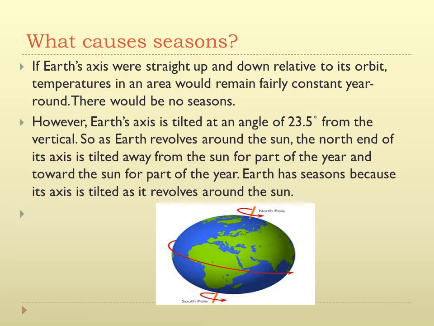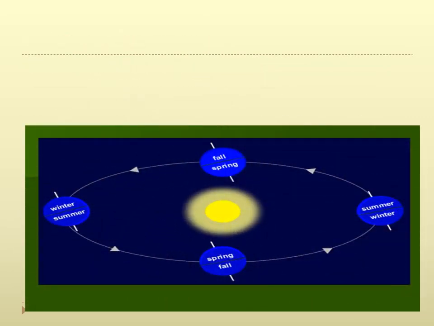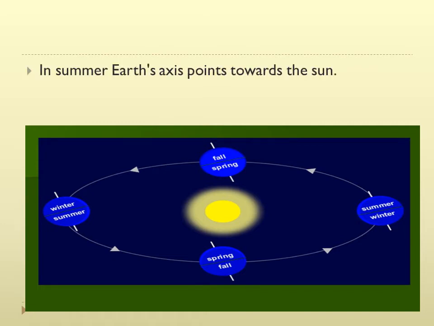So tilt means you can see the axis is at an angle of 23.5 degrees. So how does Earth's revolution cause 4 seasons? You can see here winter, summer, spring and fall. In summer, the Earth's axis points toward the Sun, on both the right side and left side.